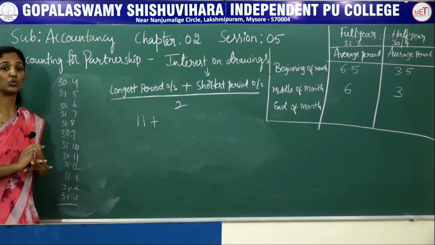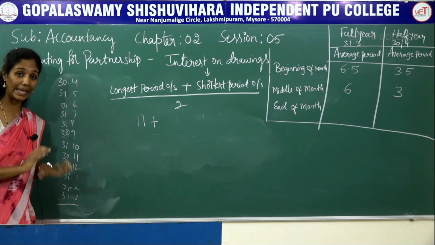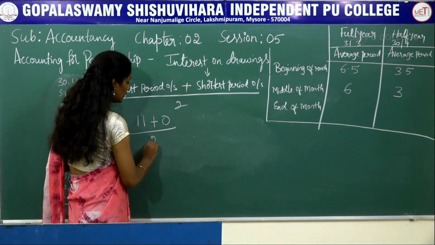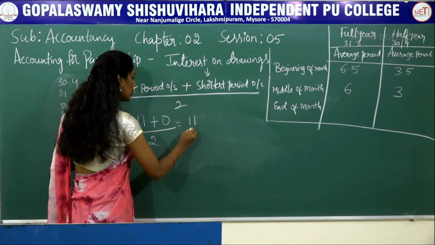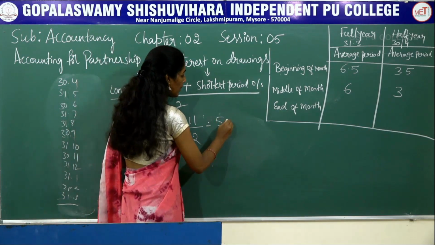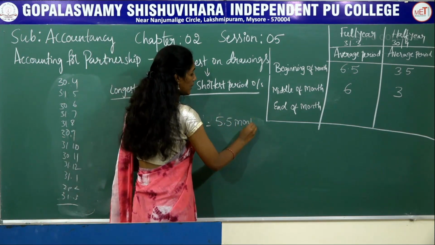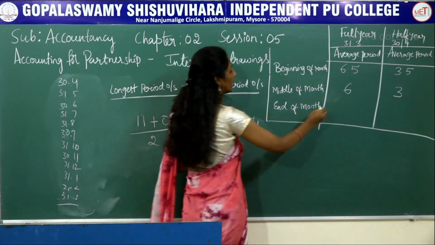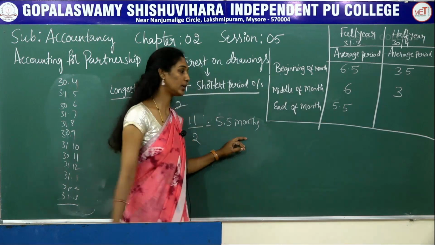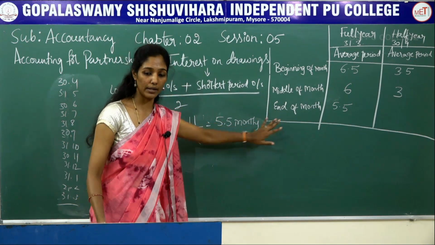So here there are no remaining days, 0 days are remaining. So you should write 0, 11 plus 0 is 11. So you will get 5.5 months. So the average period will be 5.5 months when a partner withdrew at the end of the month.